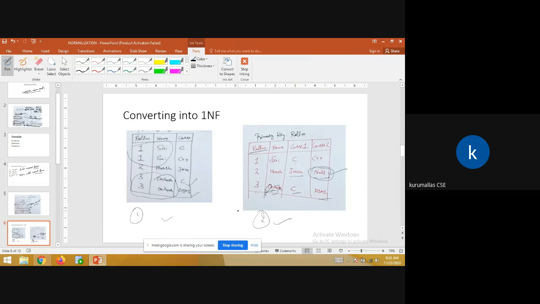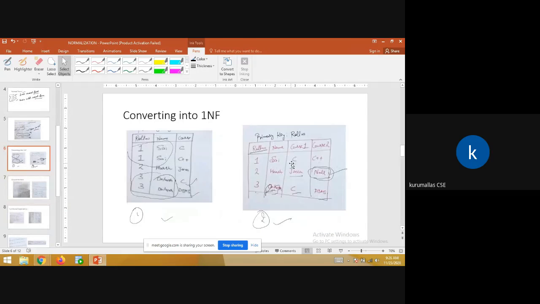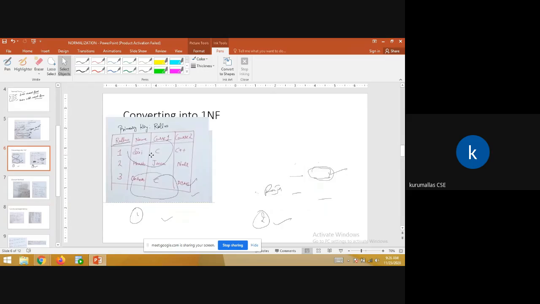So this is the second solution, right? The third solution is one more solution. What is that third solution? We have to maintain two tables. This is one table, and this is another table. Already we know the foreign key and primary key relationship.